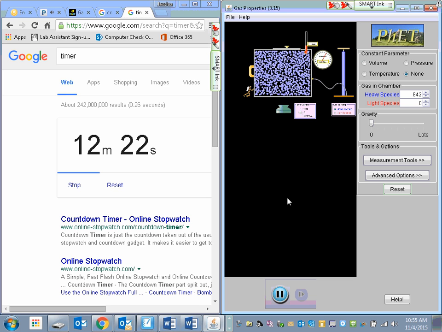What's happening? There we go. You have 200. Constant parameter, select temperature to be constant plus 200. Oh, there's no question.